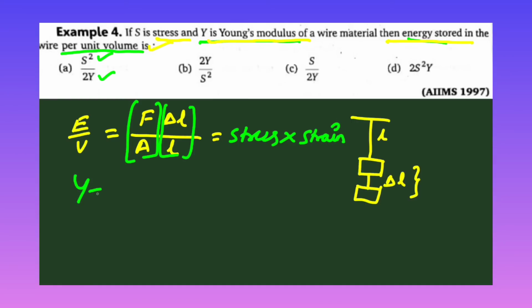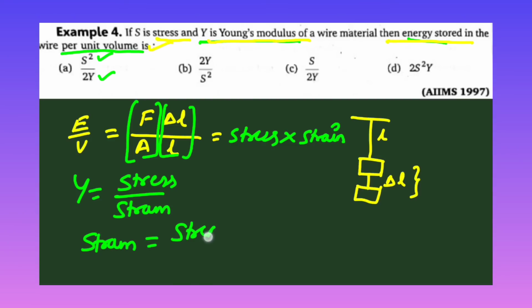And you also know that Y is nothing but stress by strain. This implies that strain is considered as stress by Y, Young's modulus, that can be taken as S by Y according to this formula.